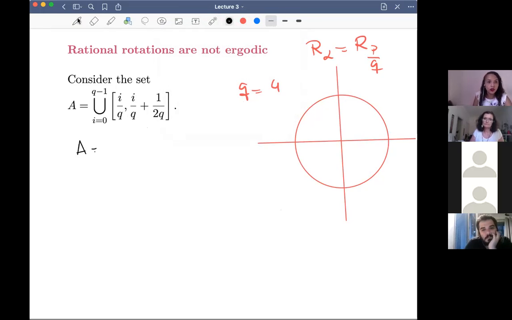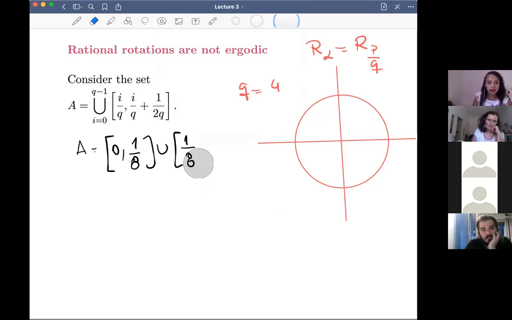This set is the union of, well, the first one is going to be 0 over Q, so it's 0, to 0 over Q plus 1 over 2Q, so it's 0, 1 over 8, union with 1 over 4. Q is 4, so 1 over 4 plus 1 over 2 times 4, 1 over 8.